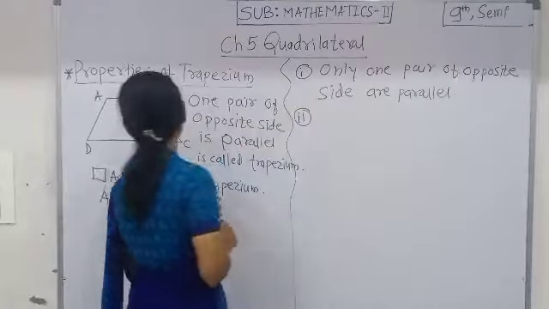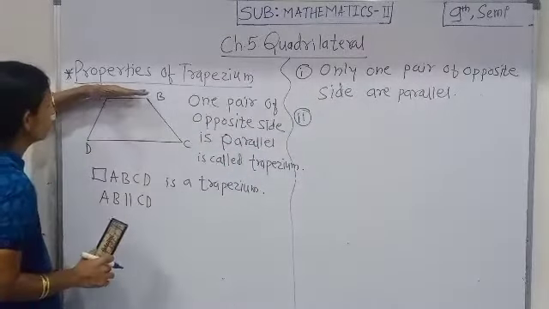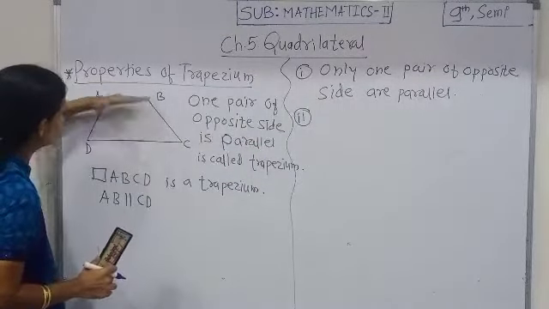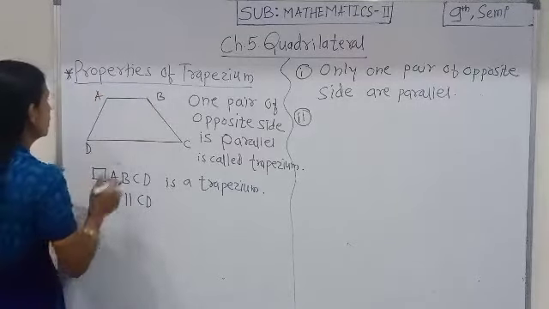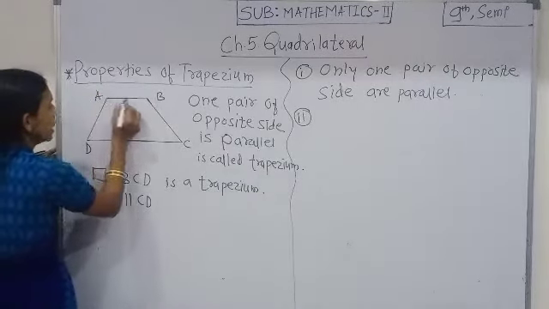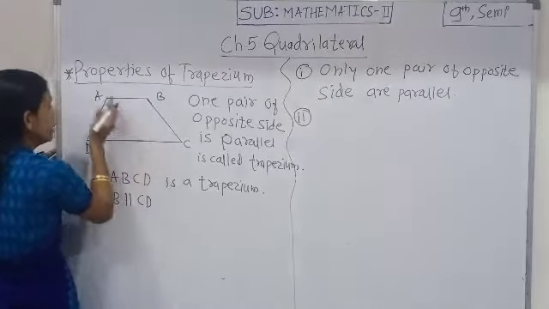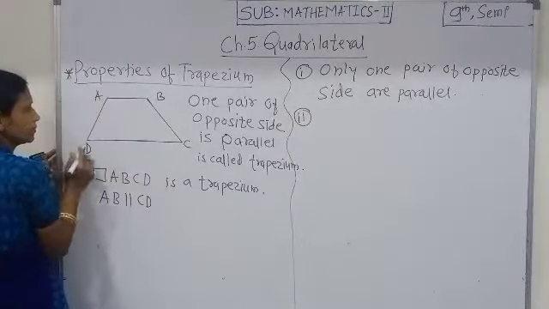Here, as those sides are parallel to each other, considering AB parallel to CD, AD is a transversal.